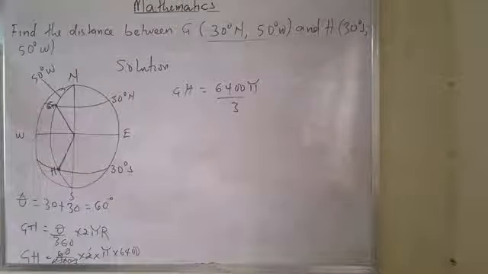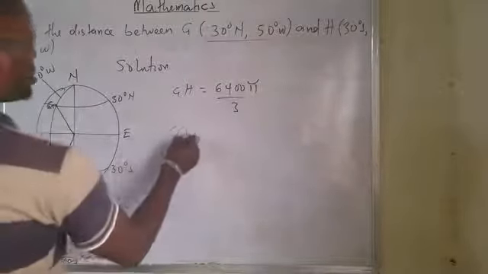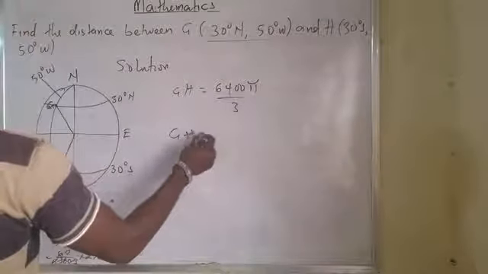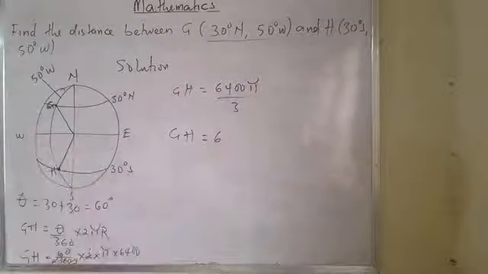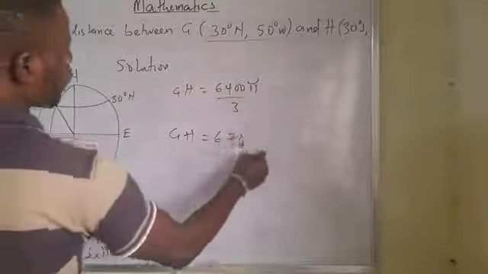Now, by so doing, if I multiply together, you can also go for your pi, and HG will be equal to 6,704 kilometers.